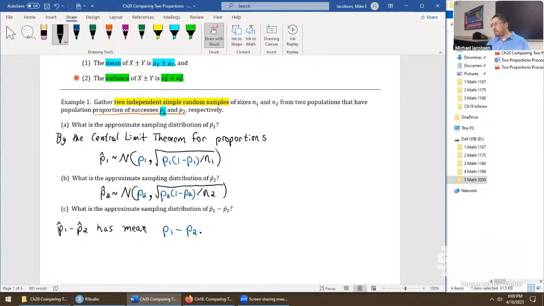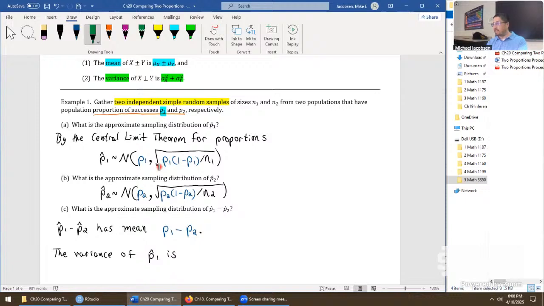So step 2, we'll say the variance of, let's do this singularly, and then we'll put them together. So first, the variance of P hat 1 is, if we're dealing with variance, we have to go here. In statistics, this is a standard deviation. In probability, that would have already been a variance.